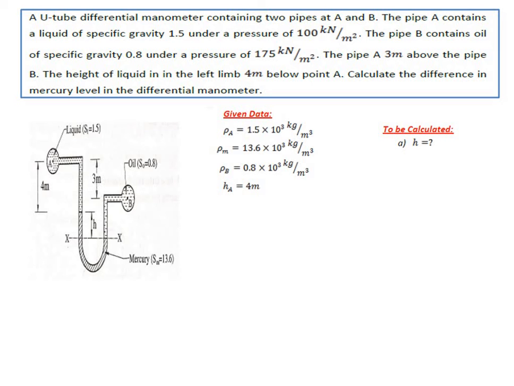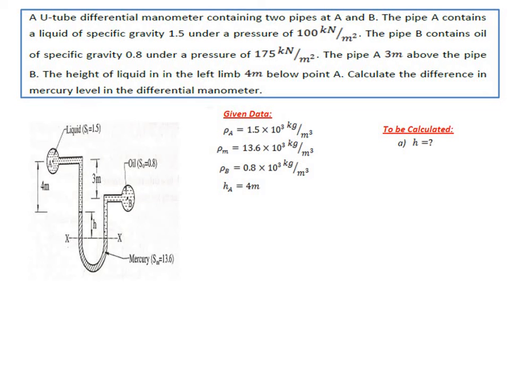Rho m, the density of mercury, is the standard 13.6 into 10 to the power 3 kg per meter cube. And the density of fluid B, rho B, is equal to 0.8 into 10 to the power 3 kg per meter cube. Now the height difference is nothing but 0.4 meter. And we have to calculate the h.